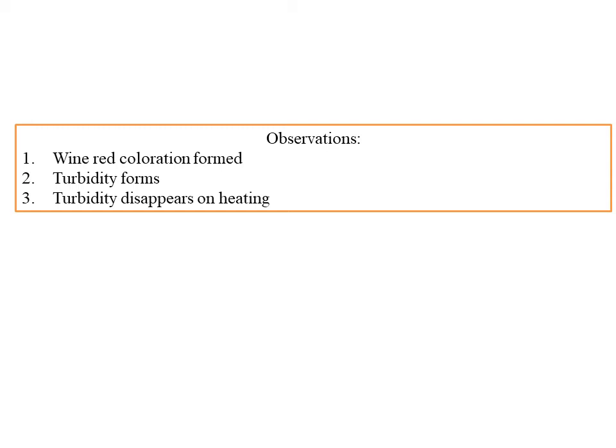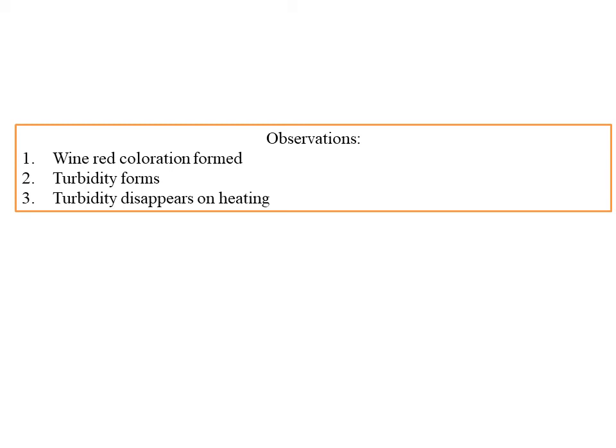Now the turbidity disappears on heating because in the presence of temperature, the solubility gets enhanced. The bonding and interaction of the acid, the glycerol and phenol increased, and the effect of water got reduced.